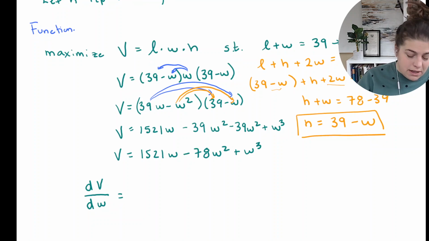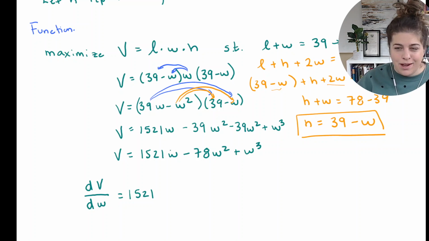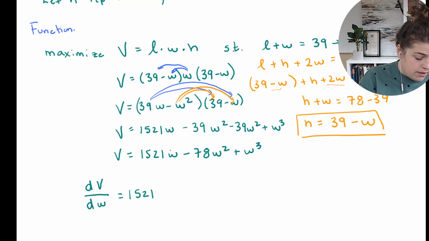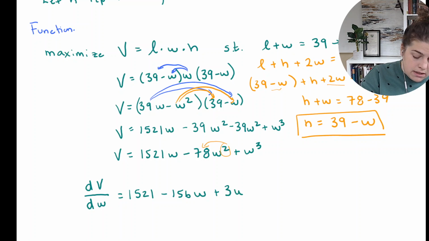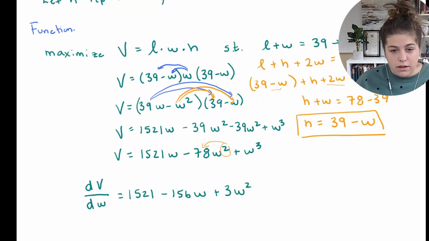Okay, so our derivative here is going to be 1,521 because that W is there. We're going to have our 78 times 2 because the squared term is going to come down. Actually, it'll be negative 156 times W plus 3W squared. Okay. And so this does put us in a situation where we need to solve a quadratic.